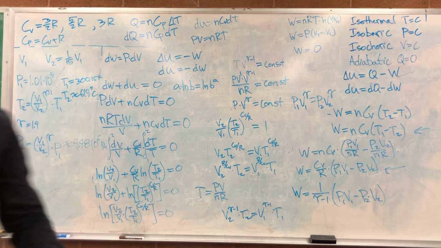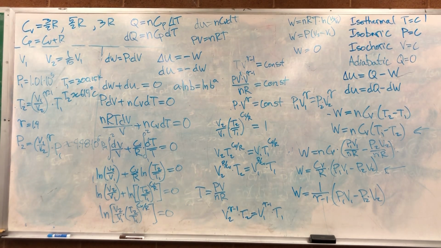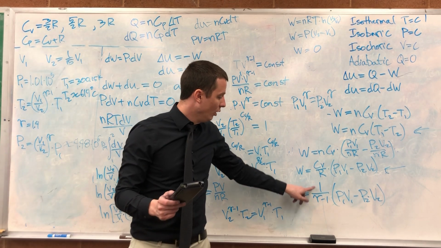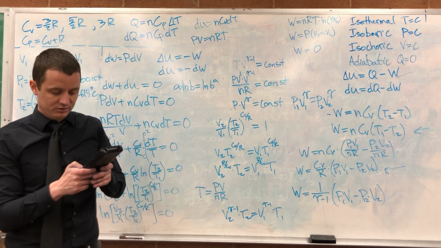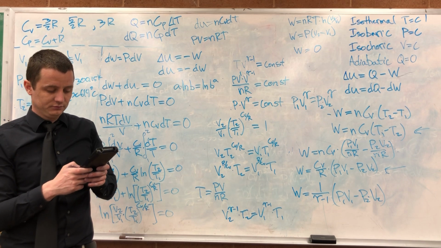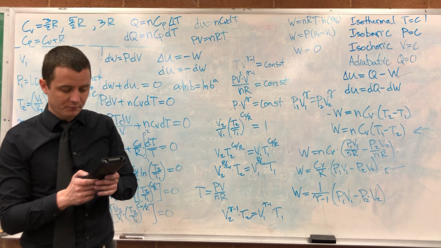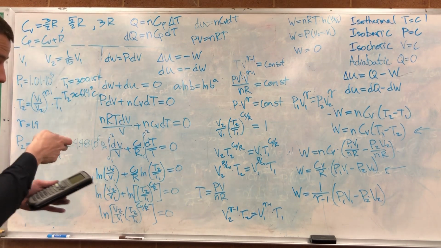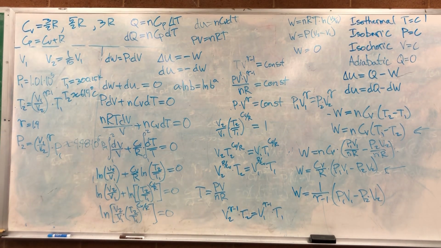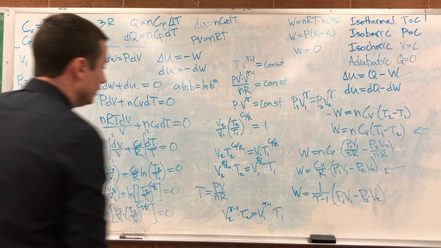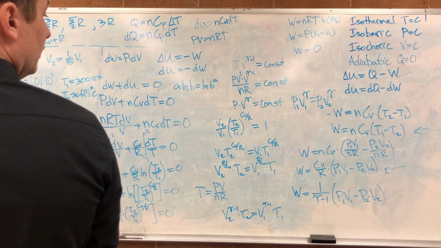Yeah. So our work is 1 divided by 0.4 for this term, right? Times our pressure. Oh, we don't know our volume, do we? We don't know V2. We just know it's 15 times V1. Doesn't it give us V1?